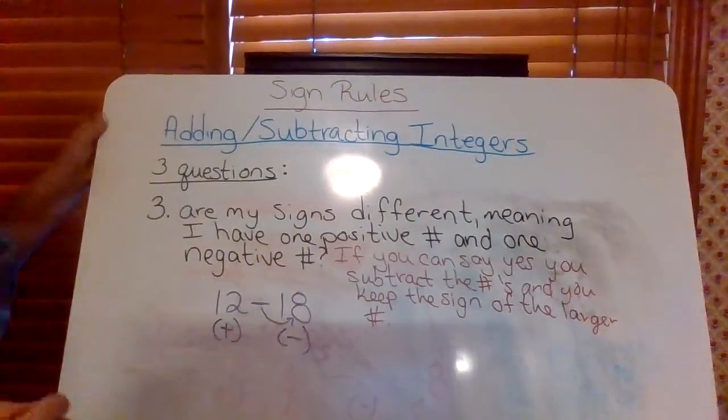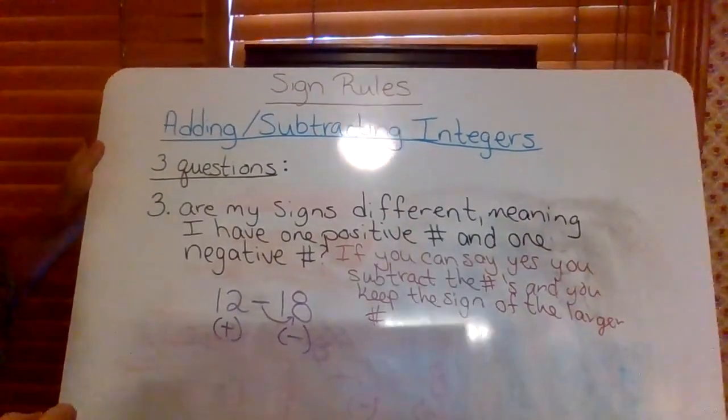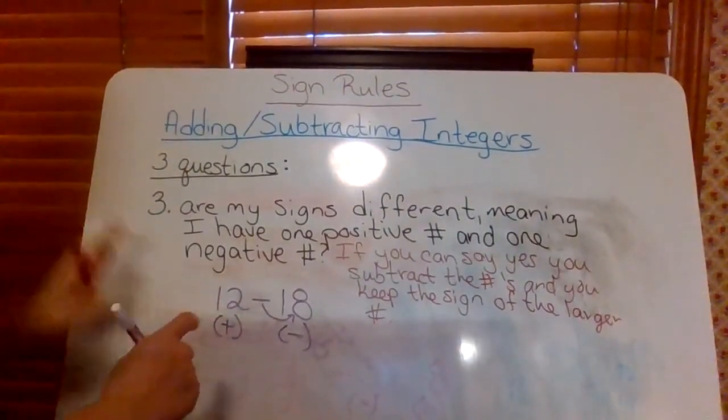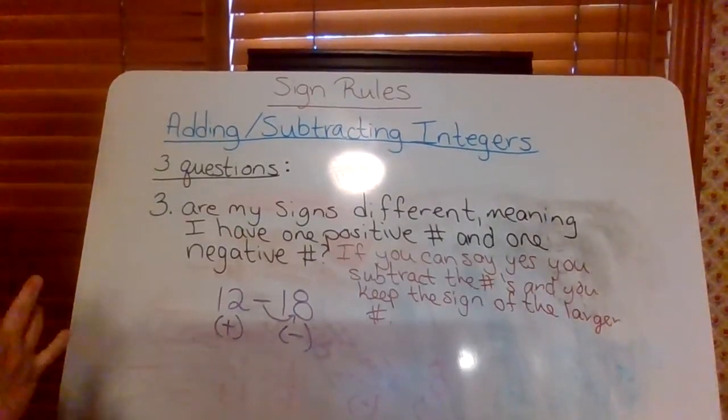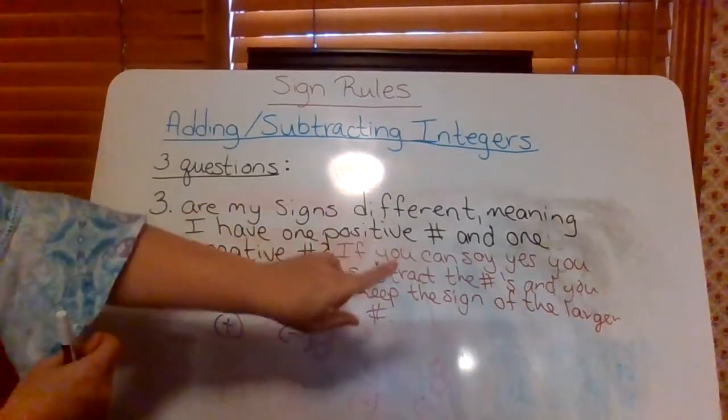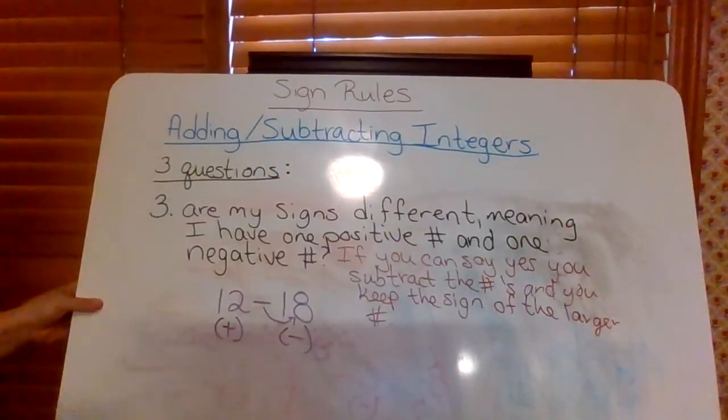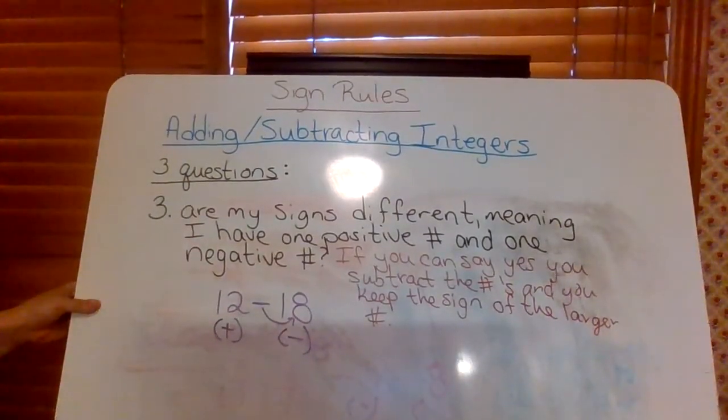Okay? So if you can say yes to this question where one is positive and one is negative, doesn't matter the order that they're in, then you subtract the numbers and you keep the sign of the larger number.